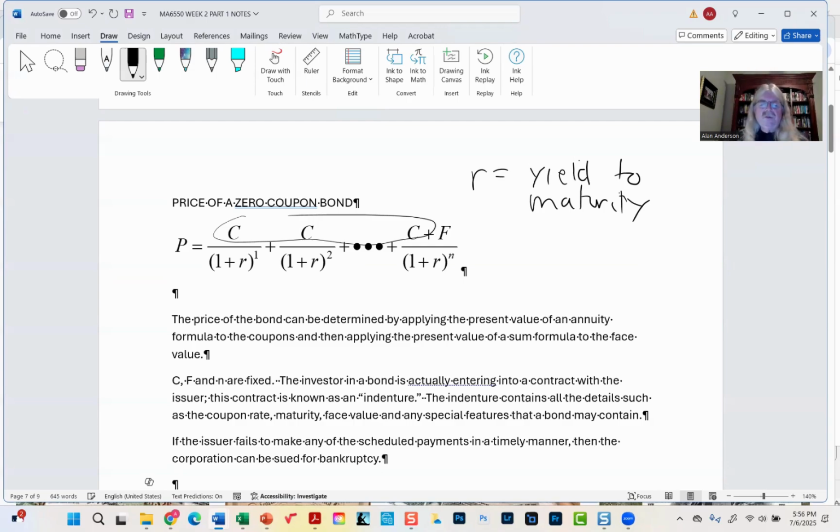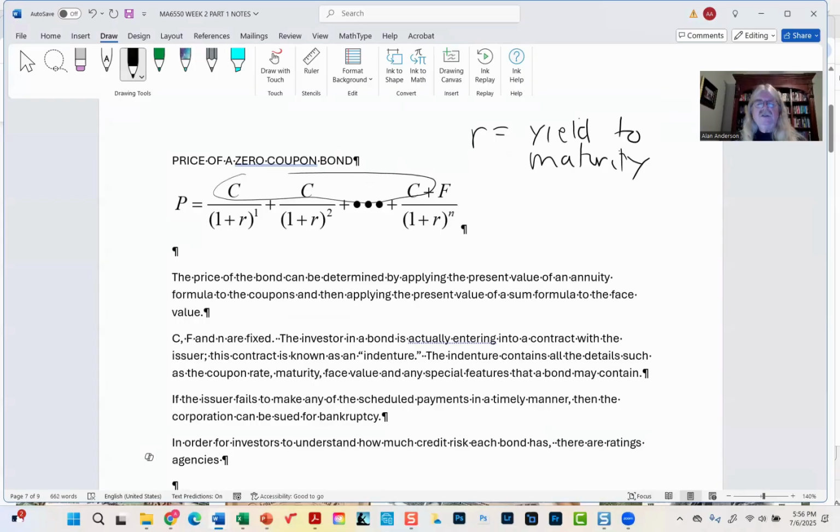So in order for investors to understand how much credit risk each bond has, there are ratings agencies, as they're called, such as Standard & Poor's, Moody's, you may have heard of these companies, Fitch, etc., that provide ratings for every bond in the economy.